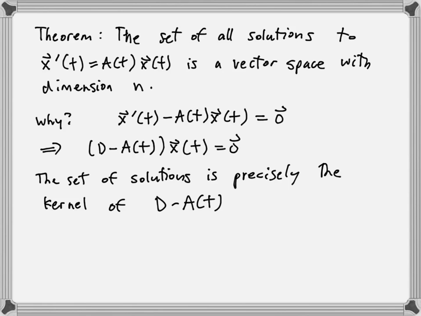Okay? D is a linear transformation and A of t is a linear transformation. Both of these were shown in the last section, or at least we stated it. And so that's exactly what the kernel is. It's the set of all x's that get mapped to 0 by this. And the kernel of D minus A of t is always a vector space.